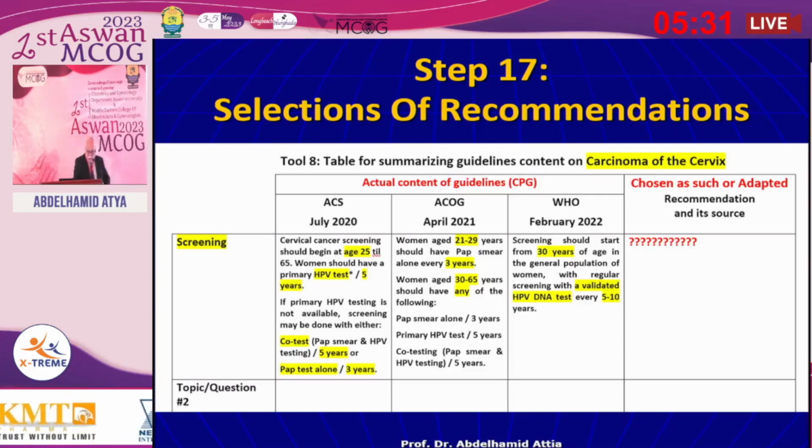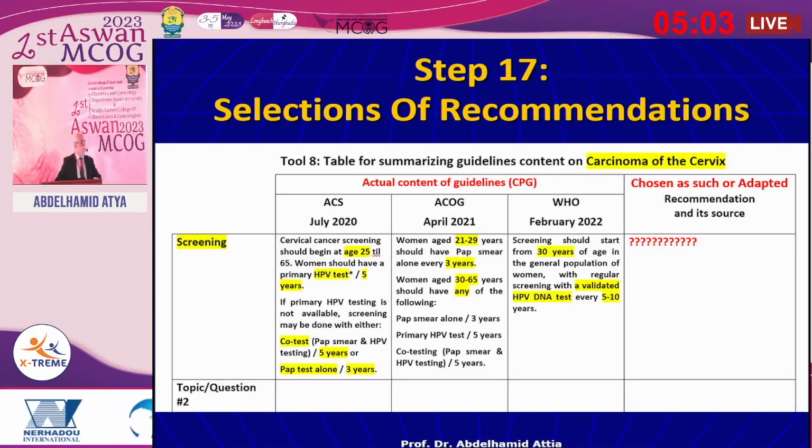pap smear, every 3 years. The American College said that women aged between 21 and 29, so they started screening from 21, not 25 as the American Cancer Society, should have pap smear alone every 3 years. After that, between 30 and 65, should have any of the following: pap smear every 3 years, primary HPV test every 5 years, co-testing every 5 years.